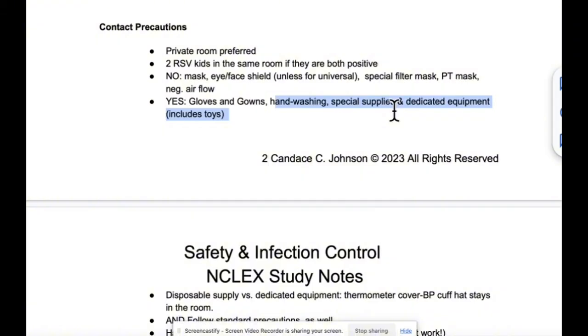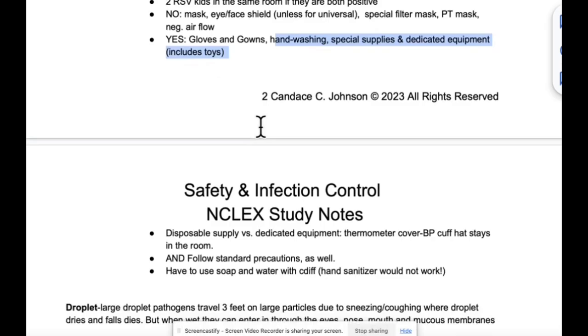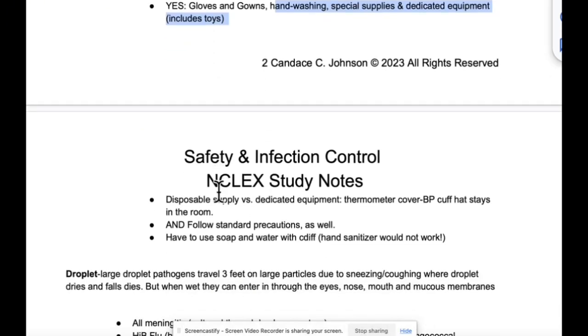So dedicated equipment, having the one person with contact precautions using the equipment only. Disposable supply, dedicated vital signs equipment, so like thermometer, covers, blood pressure cuff, or even hats. You know how we have, well, that's definitely reusable, right? The urine hats, but all that, they stay in the bathroom or in the room.